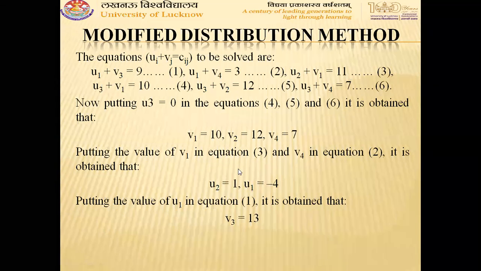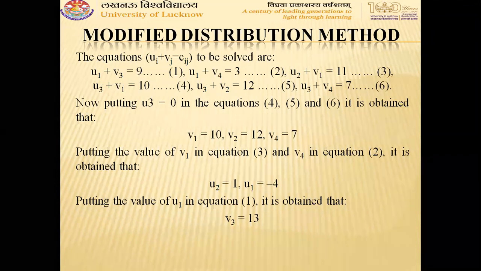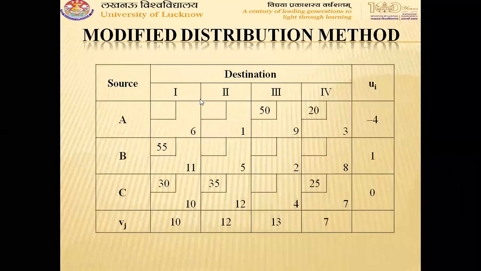Now we put the value of u1 in equation 1, that is u1 plus v3 is equal to 9, and v3 will become 9 minus u1, that means 9 minus minus 4, which is 9 plus 4, giving us 13, that is v3 is equal to 13.